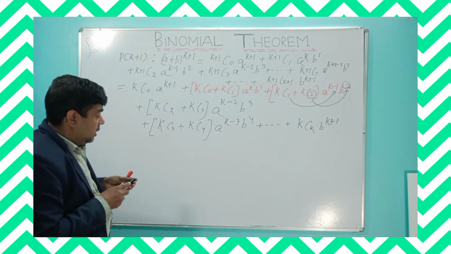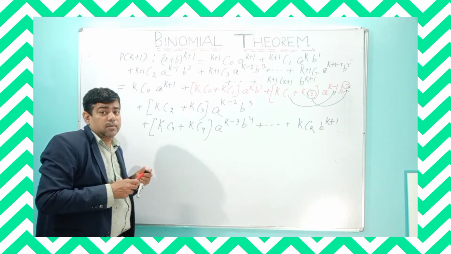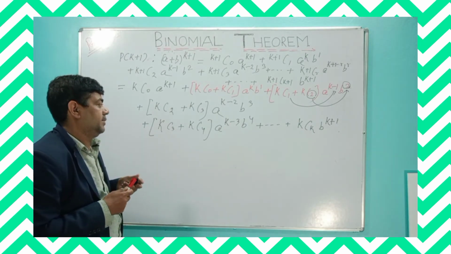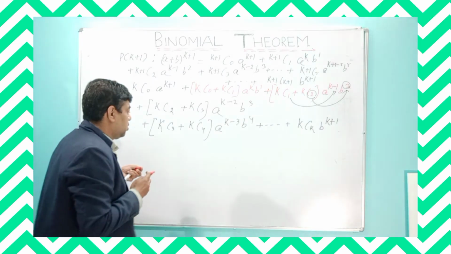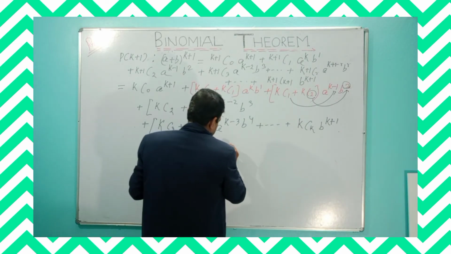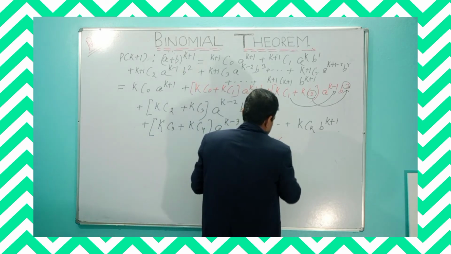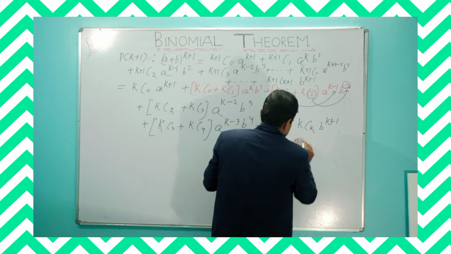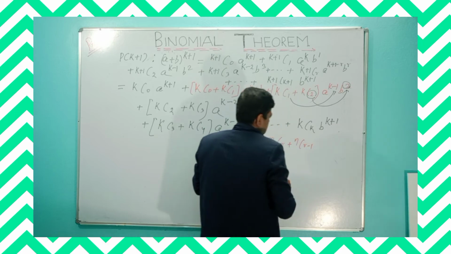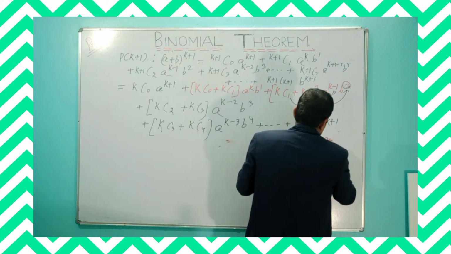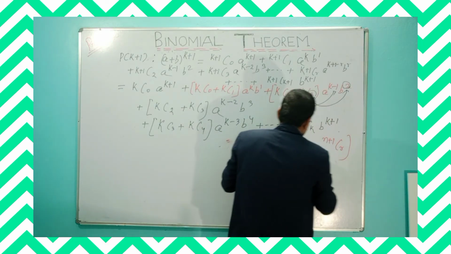Yes. Okay. According to the condition, one of the important properties of combination. What is the property of combination? All of you know nCr. One formula, write down: nCr plus nC(r minus 1) is equal to (n plus 1)Cr.